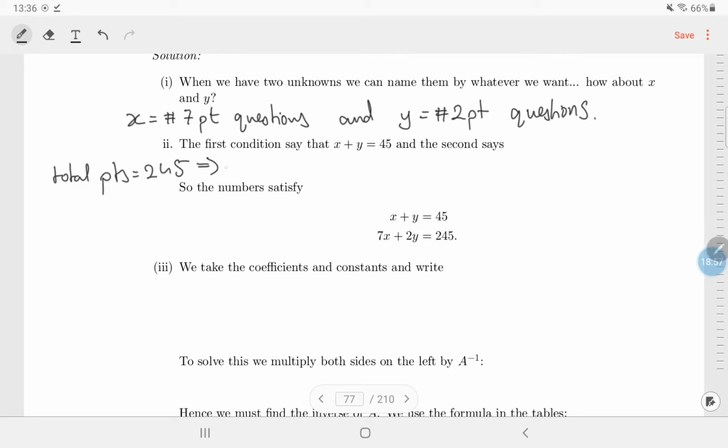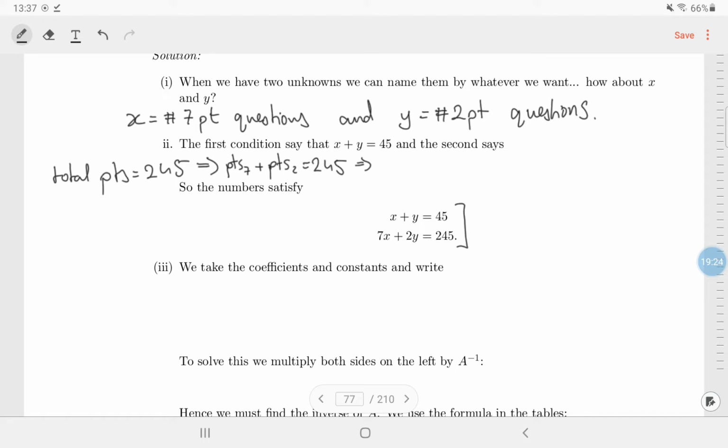So I'm going to write points 7 plus points 2. Now you don't have to write this down. If you just get to here, I'm quite happy, is equal to 245. So the points 7 is the number of points in the 7-point questions plus the number of points in the 2-point questions. So altogether that will make up the 245 points.